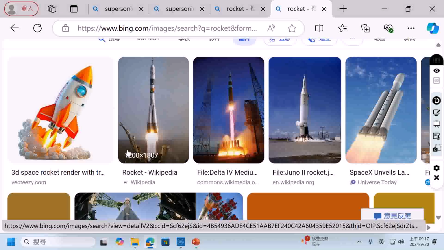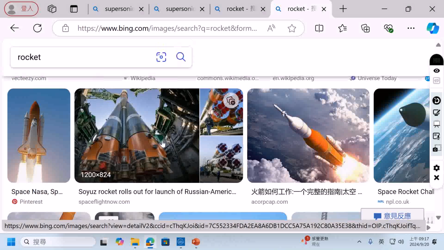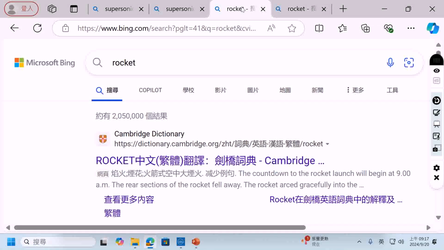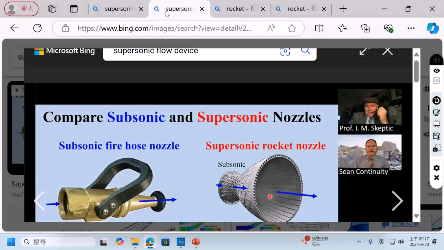You see a rocket here, right? And you see the things here. Something like this, and it will give you a supersonic flow. So how to do that?